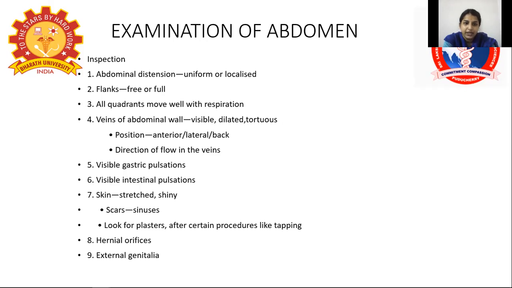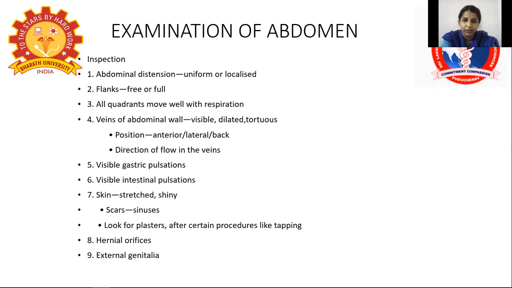Going into examination, inspection of the abdomen: abdominal distension, whether there is any uniform or localized swelling present in the abdomen. Usually it should not be there in the case of normal diarrhea. Flanks are either free or full. All quadrants move well with respiration.